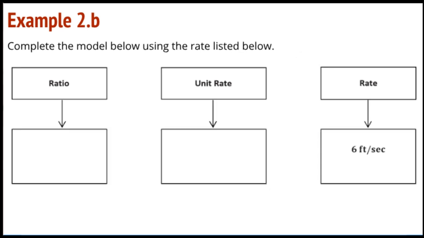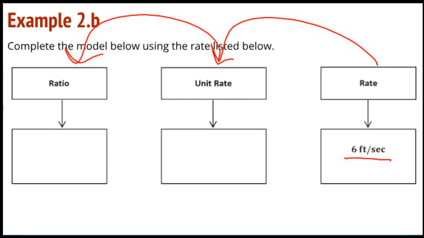All right, here we go. Example 2b. So we are now going to complete the model, and we're going to use the rate listed below. So they give us a rate of 6 feet per second, and they want us to come up with the unit rate, and from the unit rate, they would like us to come up with the ratio.